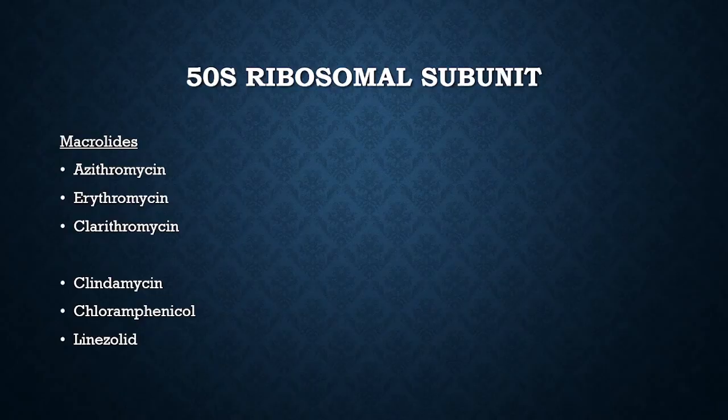Then when we go to the next mode of action, we have the 50S ribosomal subunit. It's gonna inhibit the 50S ribosomal subunit. The drugs we have are macrolides: erythromycin, azithromycin, and clarithromycin.